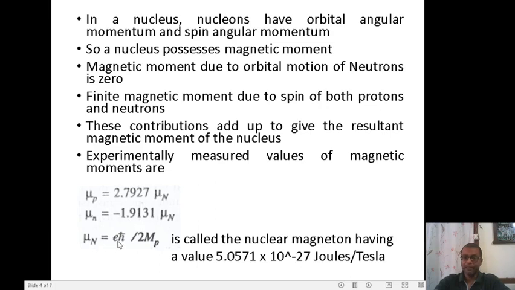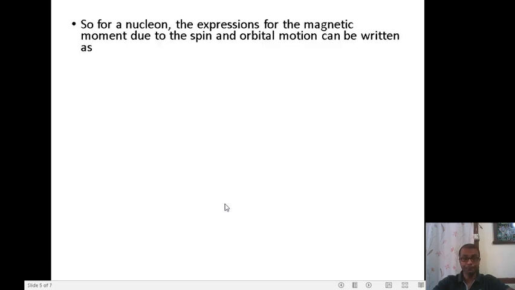So μN equal to eħ by 2mp is called the nuclear magneton. It has a value of 5.0571 × 10^-27 joules per Tesla. And mp here is the mass of the proton, or we can call it the mass of the nucleon as such.